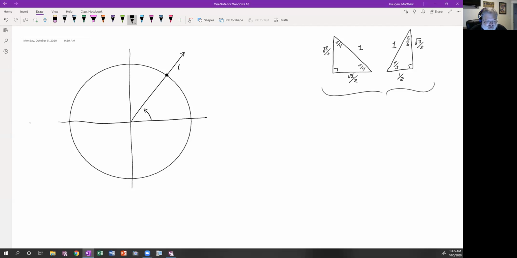So for example, if we have an angle in standard position and say the point out here is at 5, 6, just for the fun of it, that means this length here is 5, that length here is 6. I'm going to call this angle phi.